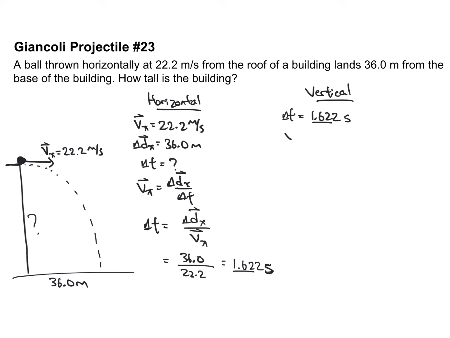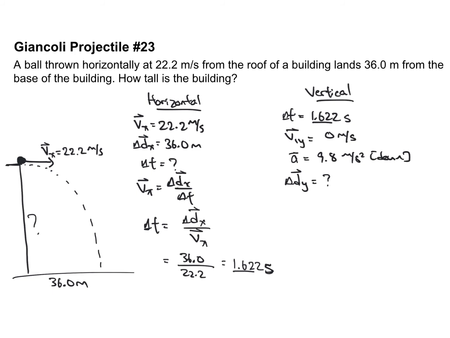Vertically, I also know that we're starting with 0 meters per second of vertical velocity. And we have an acceleration due to gravity of 9.8 meters per second squared and down. We need to know how tall the building is, so if we can figure out the displacement that the ball falls down vertically, delta dy, then that's how tall the building is going to be.